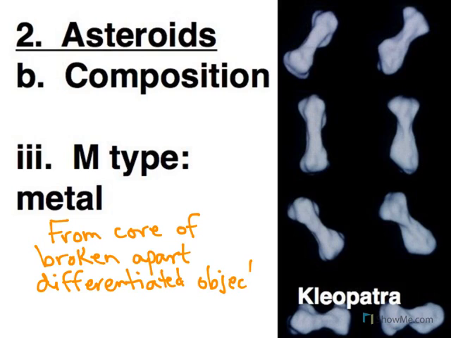So here we see Cleopatra, which is my all-time favorite asteroid because it looks like a dog bone. And it is an M-type. The metal primarily is going to be iron, just like in the cores of the terrestrial planets. So these are more or less solid iron asteroids.